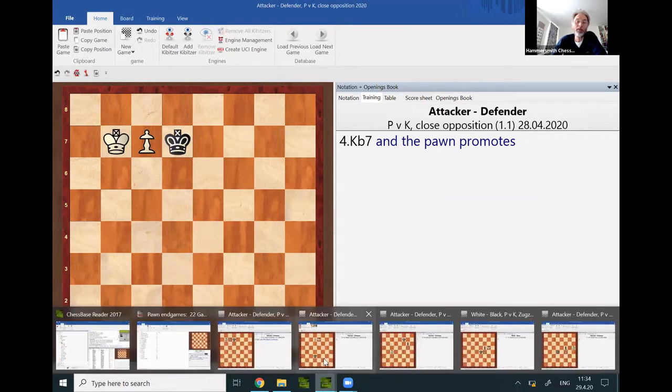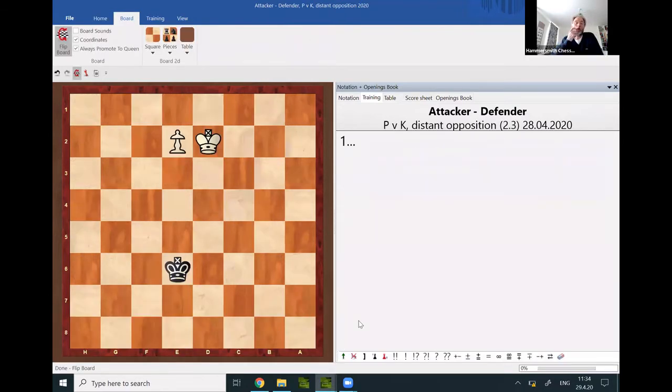As already mentioned, there is not just close opposition, but there is also distant opposition. A distant opposition is very often just an interim step to be able to come into close opposition. Now in this position, black is to move, and black draws by going into distant opposition. Distant opposition means 2 further steps away from the king.